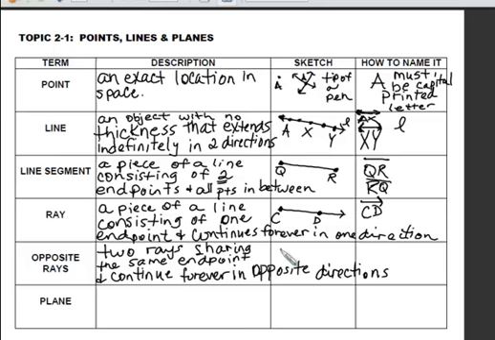So to draw this, you could draw a line. You could put 3 points on it: X, Y, and Z. The opposite rays would be YZ and YX.